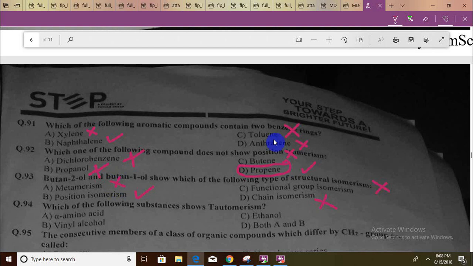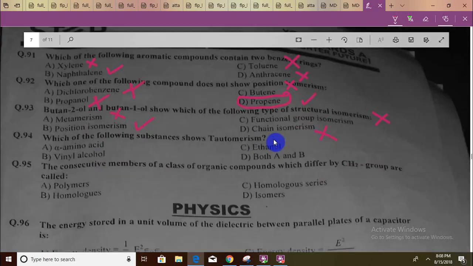Which show tautomerism? Alpha amino acid, yes. Vinyl alcohol would suggest that it's like this. Or A and B. Ethanol is unlikely. I'm going to have to research what vinyl alcohol is.